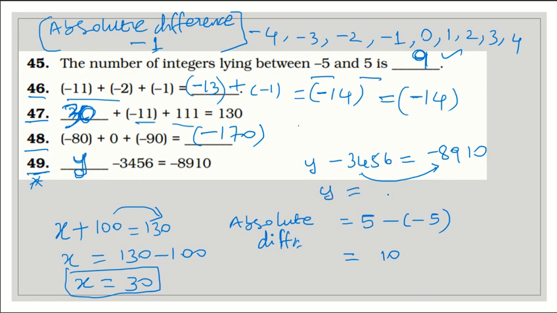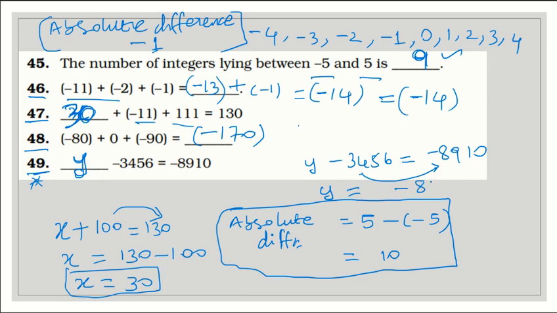So, y equal to, here I am doing it separately, y equal to minus 8910, which is already there on the right side of the equality. To that, this subtrahend on the left hand side, when it is transposed, becomes an addend on the other side, the right hand side.